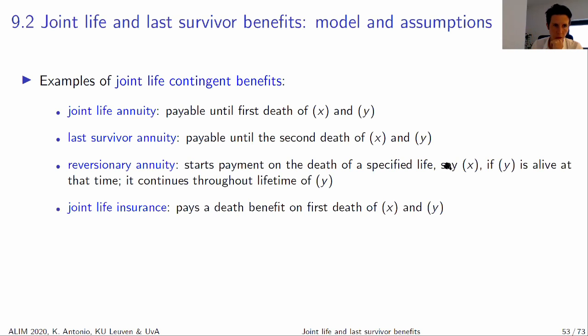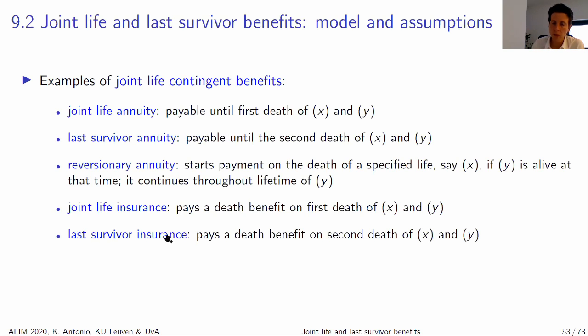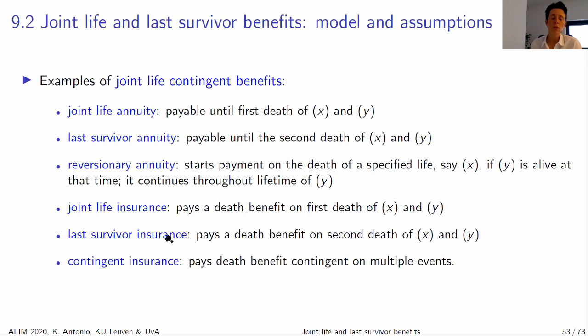If you look at the insurance products, we can look at a joint life product that pays a death benefit on the first death of X and Y. We can look at the last survivor insurance product, which would pay a death benefit on the second death of X and Y. Or we could think of a general contingent insurance product that would pay a death benefit contingent on a specific event taking place.